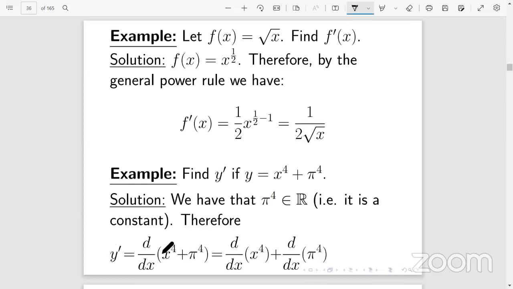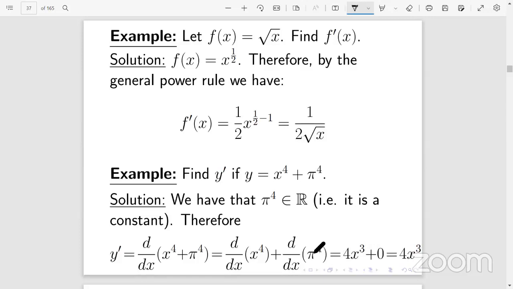So this is the sum of two functions. We have a function of x to the power 4 and another function of pi to the power 4. So we can differentiate x to the power 4 aside, then add it to the derivative of pi to the power 4. Differentiating x to the power 4, we use the power rule: we drop the 4, then subtract 1, and we end up with 4 times x to the power 3.